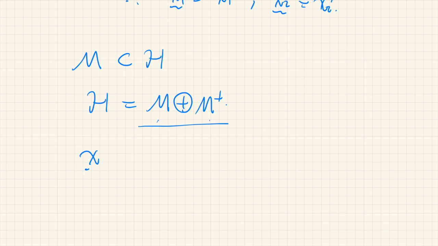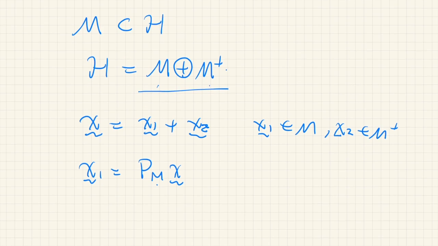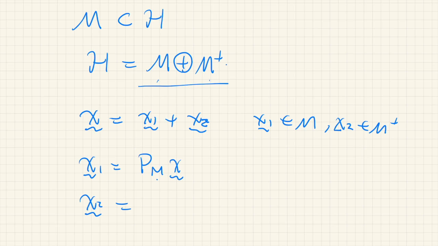So if we write x equals x1 plus x2, where x1 belongs to M and x2 belongs to M complement, we write x1 as the projection of x onto M, and x2 as the projection of x onto M complement.